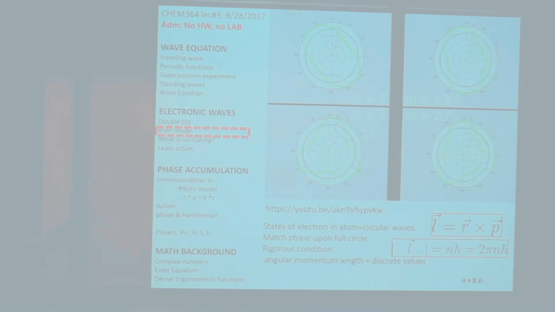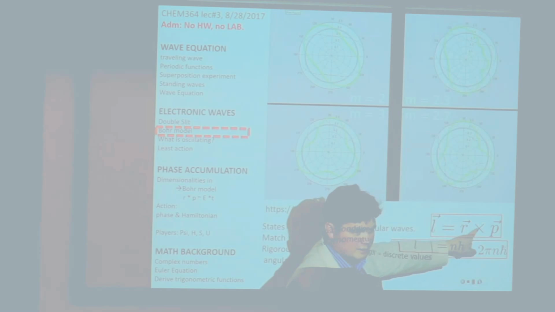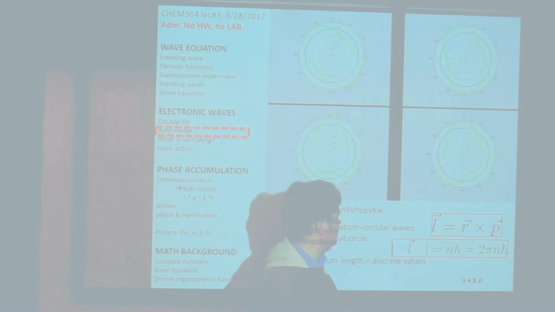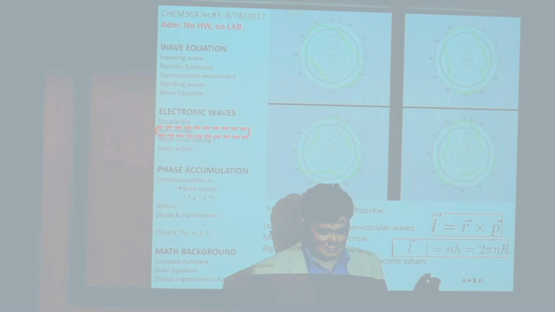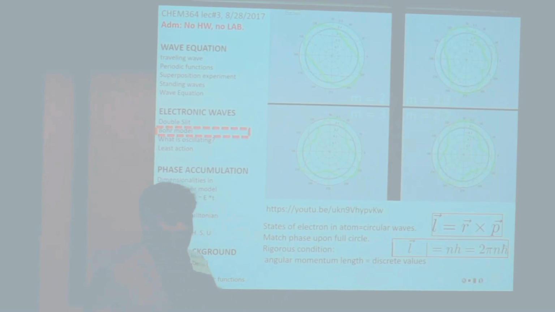And here is the angular momentum, which is distance from center times momentum. And this stuff takes discrete values times Planck constant. It is what you learn in kindergarten when you look at Bohr's model and the planetary model of the atom.